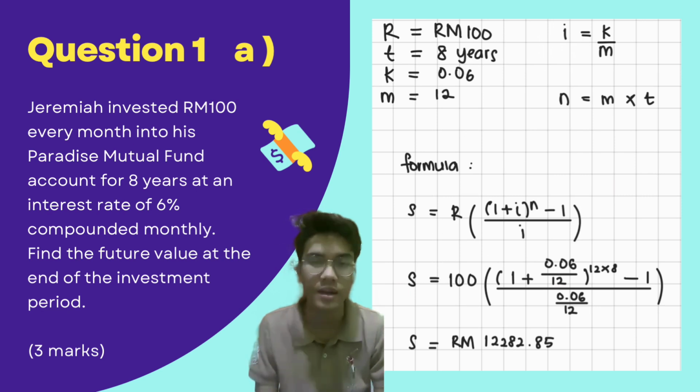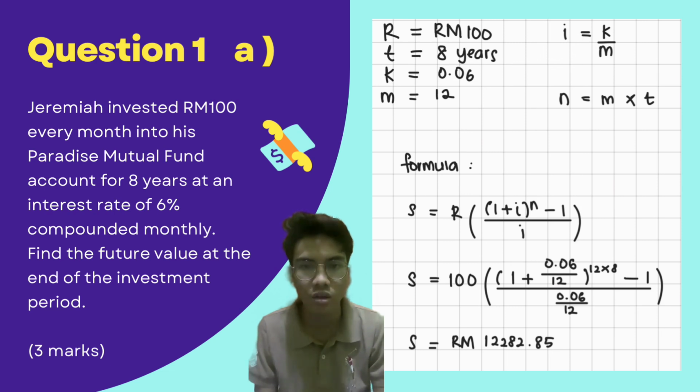Into the sum, S equal to 100, open bracket and open the bracket again, 1 plus 0.06 divided by 12, close bracket, power of 12 multiplied by 8, minus 1, divide 0.06 divided by 12, close bracket.